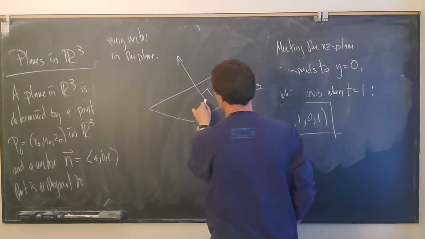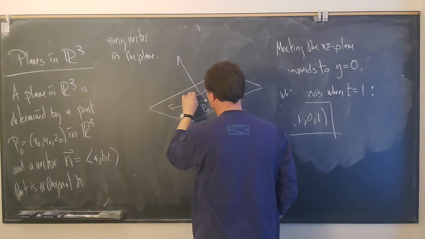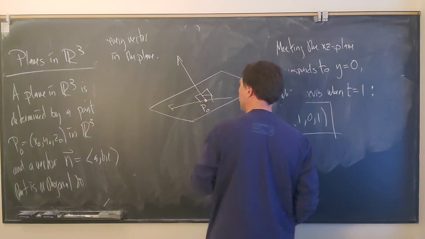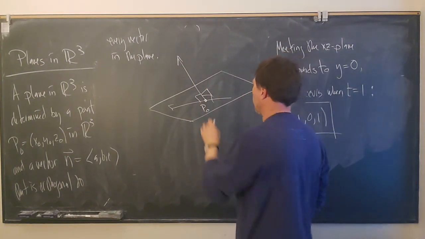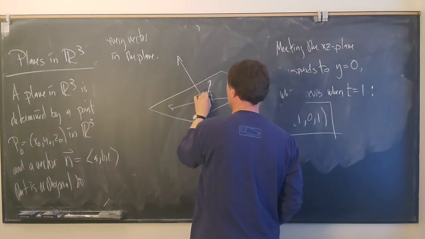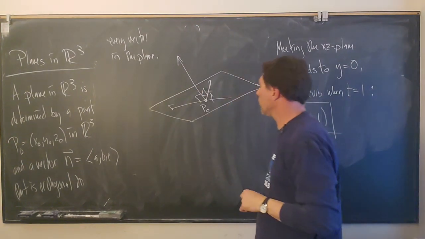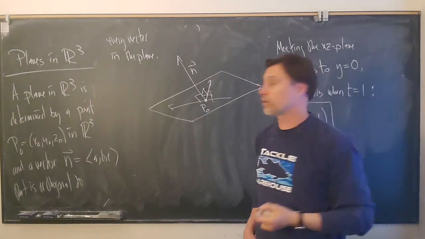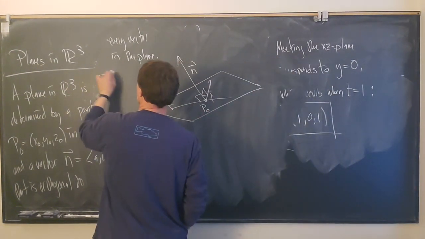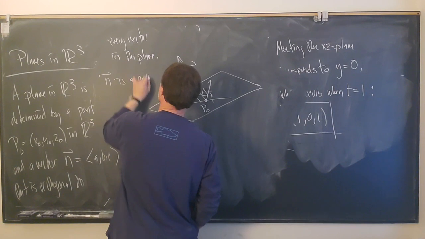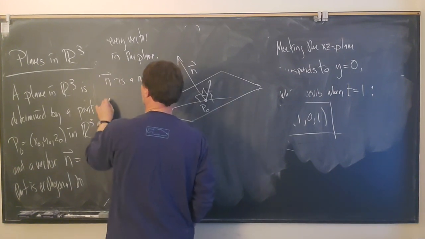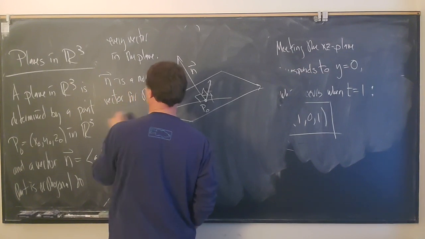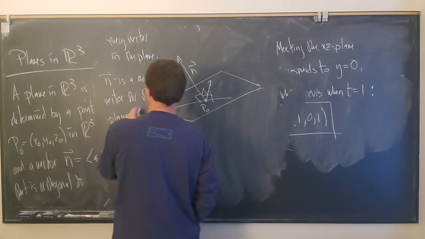So no matter what, if I pick a vector in my plane, I get a right angle. Pick another vector in the plane, get a right angle. Pick another vector in the plane, get a right angle. This vector n is called a normal vector for the plane.